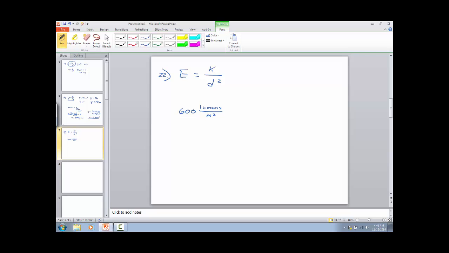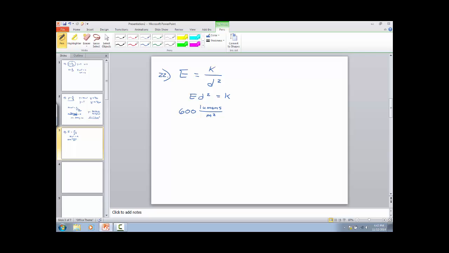On a surface 2 meters away, that's our distance, right? So 600 is E times d squared equals K.